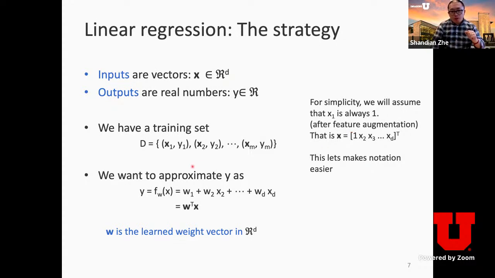And then we assume the output is a linear function of the input features, which is W1 plus W2 x2 plus and so on up to WD xd, which can be further represented as the inner product between the weight vector W and the input feature vector x. Remember x1 is 1. That's why we just have W1 here. Okay, so this is the whole formulation.